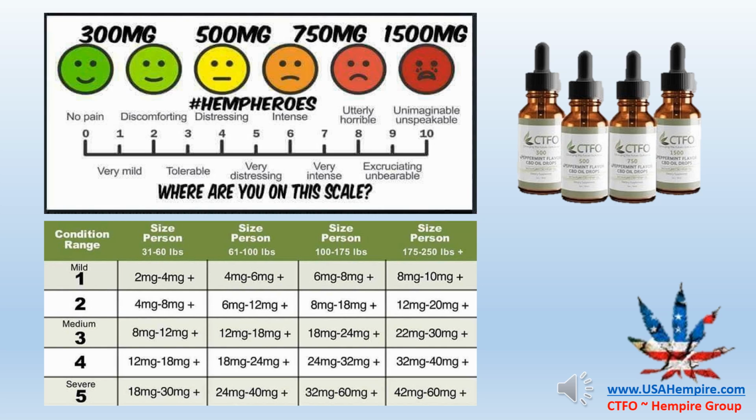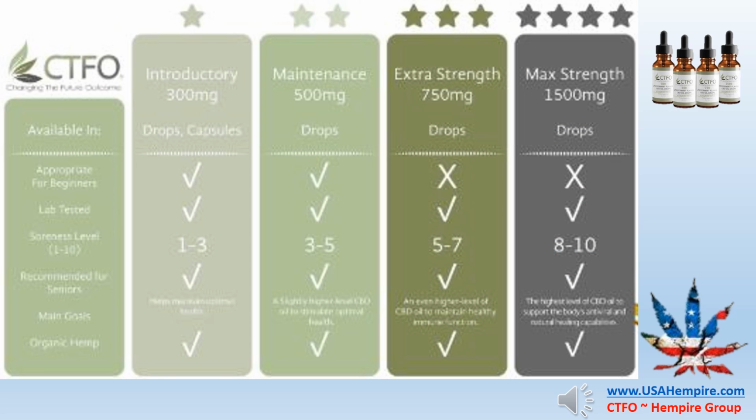All right, so what we're going to do now is figure out which of our bottles is the best way to come up with that 30 milligrams. And here you will also see that CTFO has come out with a similar chart, and it points out some extra super cool stuff. It does point out our introductory, our 300 milligram, our 500, 750, and 1500 milligrams.